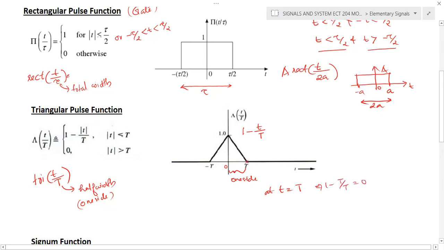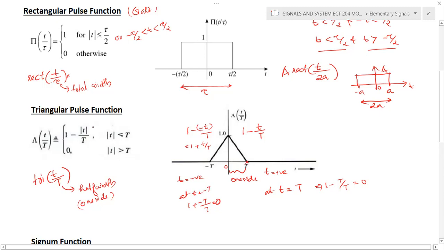Similarly, here t is negative, so the function is given as modulus, so we take minus t by T, and it becomes 1 plus t by T. At t equal to minus T, it becomes 1 plus minus T by T, so it becomes 1 minus 1, which is equal to 0. In this way we can find different values. So it's a triangular behavior.